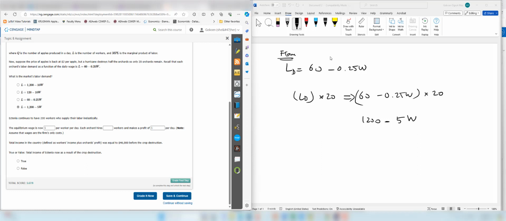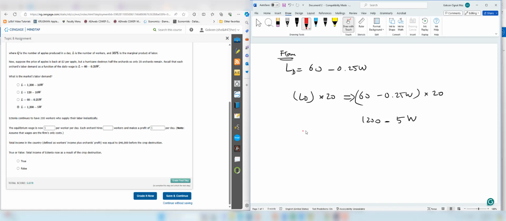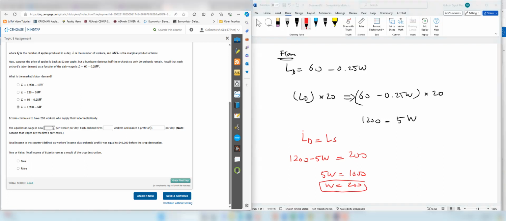The next step is we are going to find the equilibrium wage. We are going to use the same logic. Labor demand for the market equals labor supply. Labor demand for the market is 1,200 minus 5W, which is equal to labor supply, 200. We will solve for W. 5W is equal to 1,000, so W is equal to 200. This is the equilibrium wage rate.